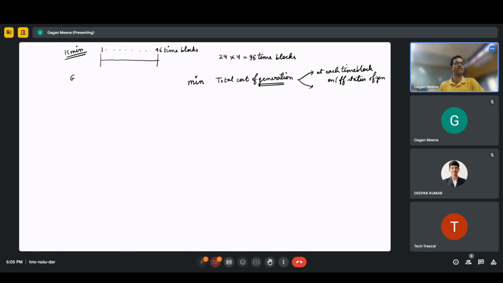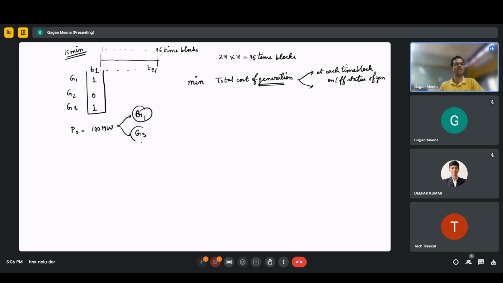Let's say we have three generators, and for each time block we'll get the output. Let's say for time one we are getting that generator G2 should be off and only G1 and G3 should be generating, and let's say the demand here is 100 megawatt. Now this 100 megawatt will be divided between G1 and G3.